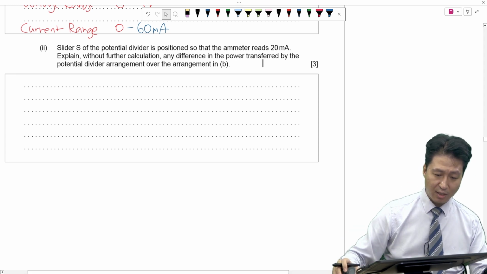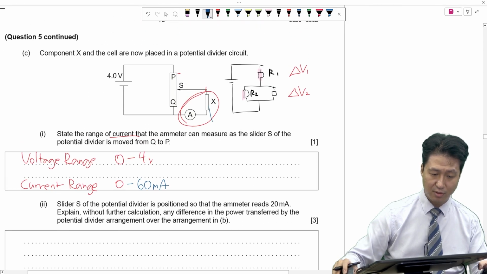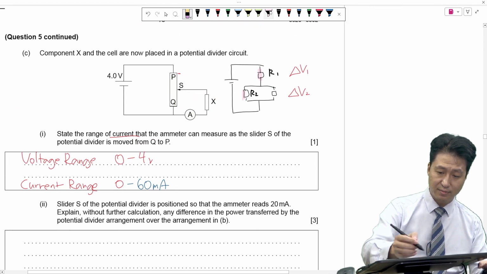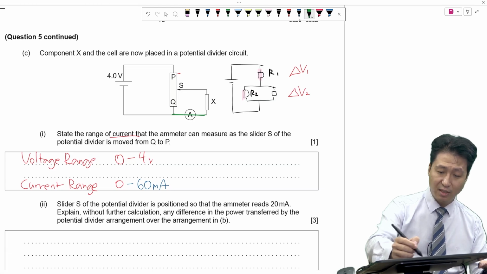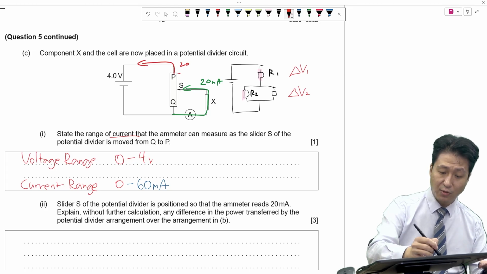So if we go back to this here, if we can imagine there's 20 milliamperes going through this side, the total current here would be this 20 milliamperes plus whatever current goes through this side.